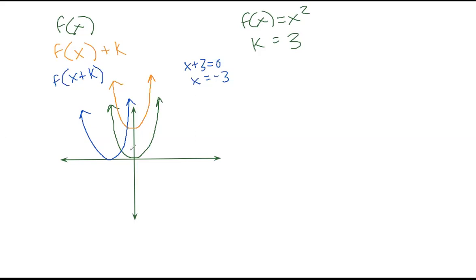Just in general, if somebody asks what's the difference between f of x and f of x plus something, here, let's do a couple of these. -2 f of x minus 1. The x minus 1 is inside the parentheses, so horizontal, but actually to the right.